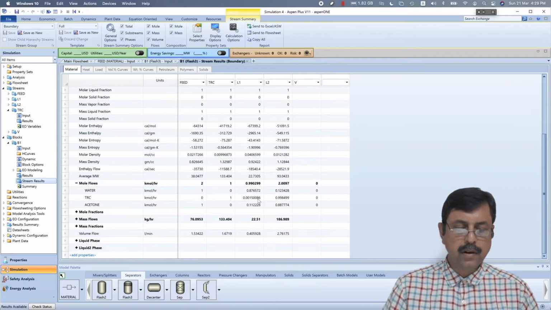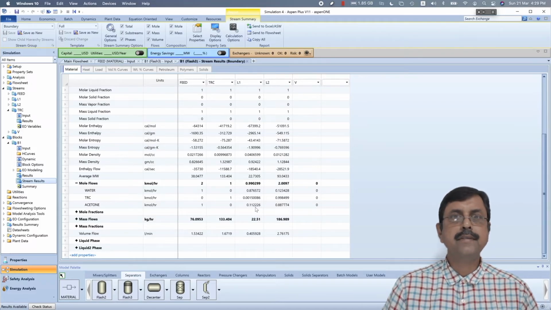TRC is very small, and we have got 11% or 0.1122 kilomole per hour acetone over here in the raffinate phase. In the extract, we will have almost entire TRC, and we will have 88% of acetone going to the extract phase.